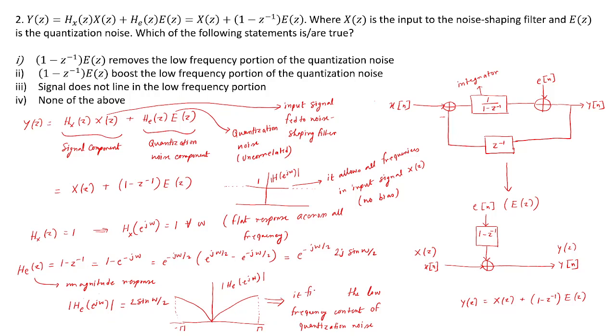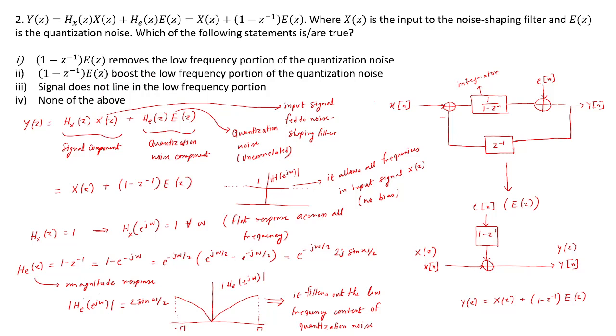It filters out the low frequency content of quantization noise. So let us see which of the following statements are true. You see the first statement, this term He(z) times E(z) removes the low frequency portion of the quantization noise, and it is true only because we have just seen it is going to filter out the low frequency content of the quantization noise. And this next is just opposite, it boosts, therefore it's false.